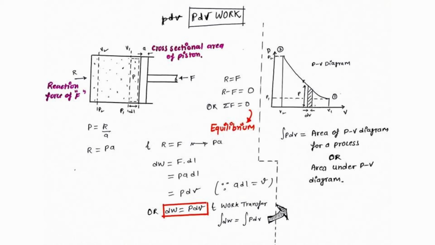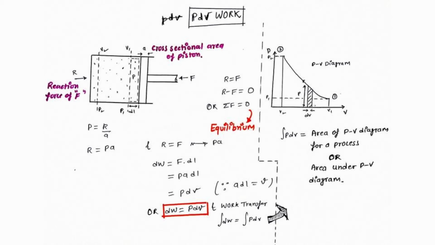So there would definitely be a reaction force against F. Let's take it as R. As far as equilibrium is concerned, there will be a point when we have to apply some additional force to overcome the reaction, and at that point equilibrium will be reached. That means the reaction force would be equal to the force applied, R is equal to F. So for equilibrium, summation of F is equal to 0, that will give us R minus F is equal to 0.